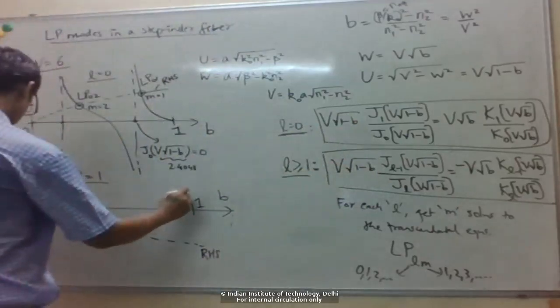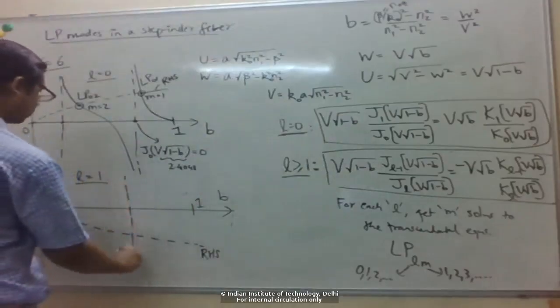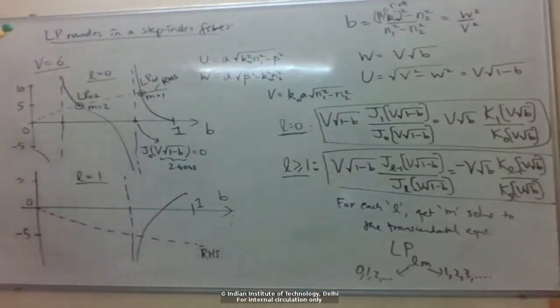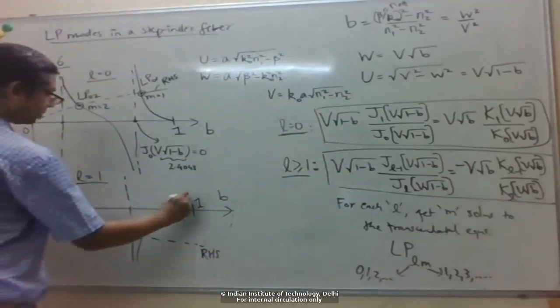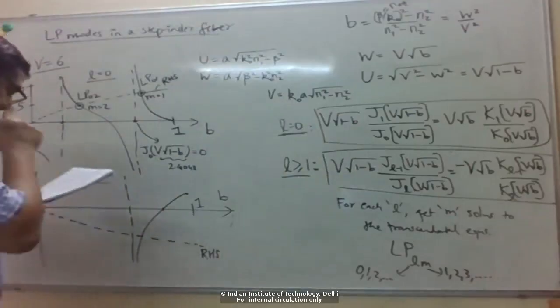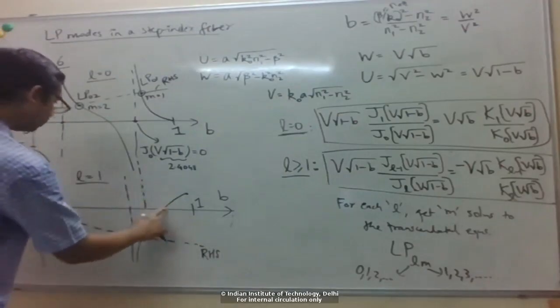Okay, so that sort of looks like this. So it starts from some value here, then it crosses 0 at some point. So actually it should cross 0 here, right?